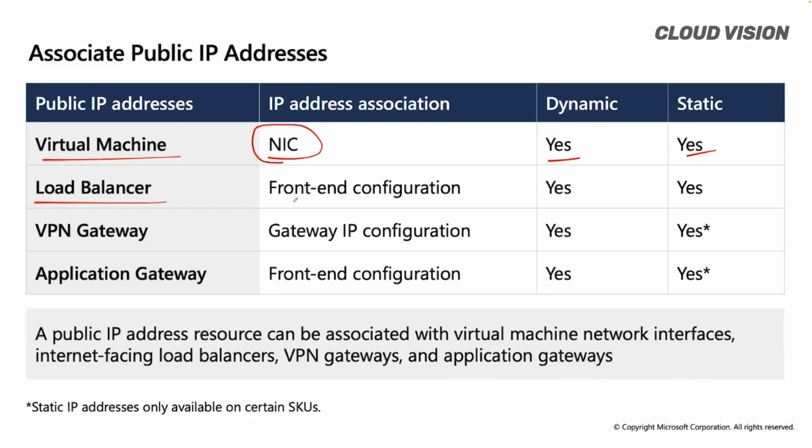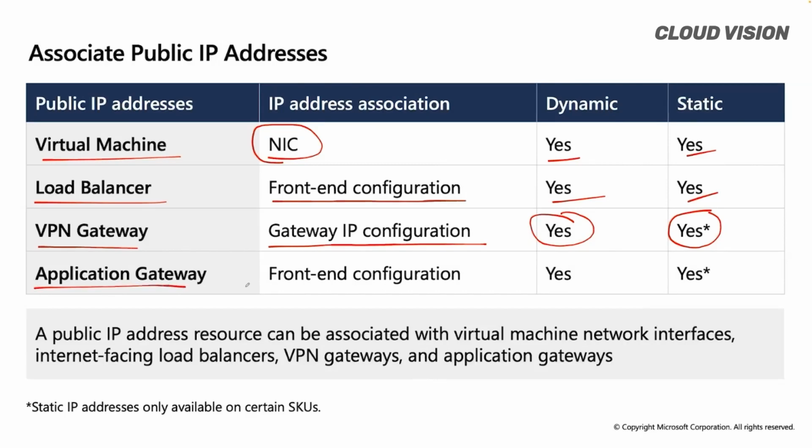For a load balancer, you do the front-end configuration, and dynamic is available, static is also available. But when it comes to the VPN gateway, you assign the IP address to a gateway IP configuration. Dynamic is available, but static is only available to certain SKUs. So you need to select the right SKU for it.